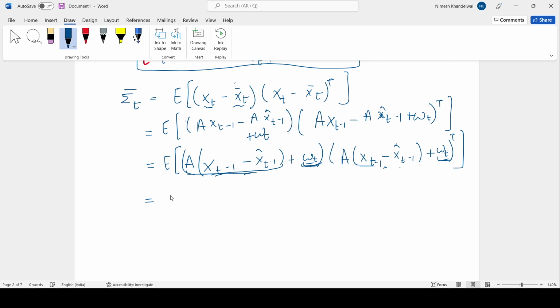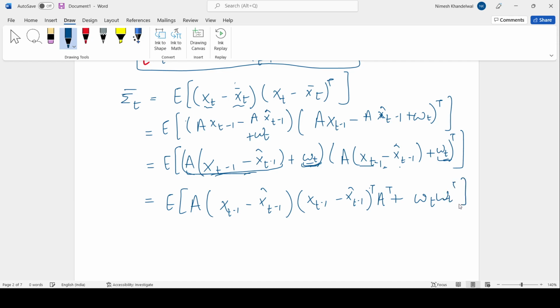Essentially I will be left with only two terms. This is (x_{t-1} minus x hat_{t-1}) and then you take the transpose. This is just linear algebra, I hope that you are comfortable with it. And then this is w_t transpose.